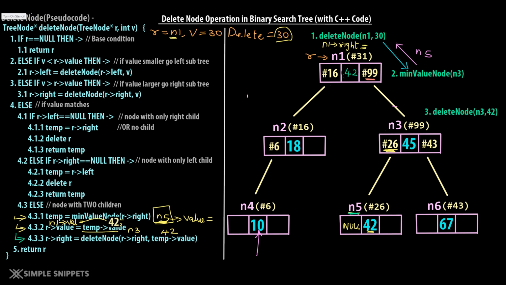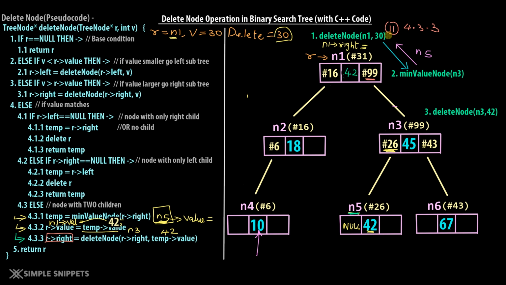So now at step number 4.3.3, the first delete node operation will go in a pause state at 4.3.3, where you are saying n1's right. So r of right is n1's right, and you're calling a delete node function, and you're passing r of right, which is #99, because n1's right is #99, which is n3. So you're calling a delete node with n3 and the value that you want to delete is now 42.